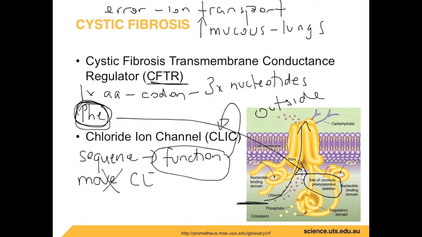Because the chloride ions don't move, we have a decrease in the movement of water, which increases the viscosity of the mucus or the thickness of the mucus, and this leads to an increased risk of bacterial infections.